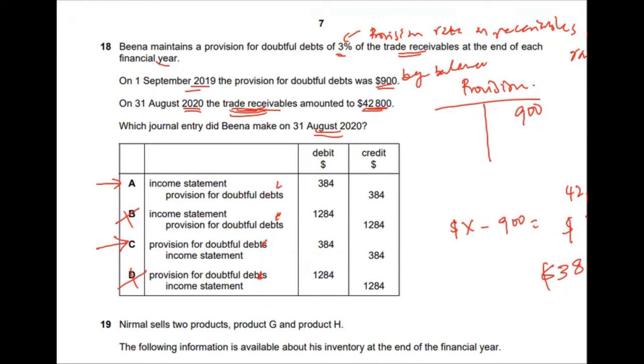So you will actually get a higher number than $900. The provision for doubtful debts in this case has increased. So the correct answer to multiple choice 18 is option A, where you debit income statement, which is an expense account, and then credit provision for doubtful debts.